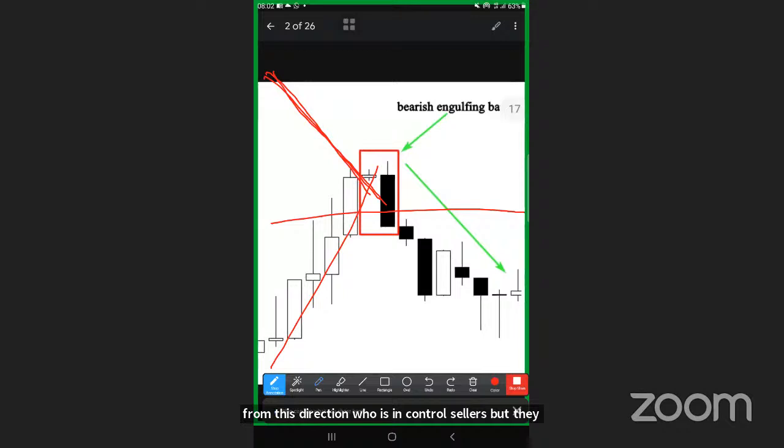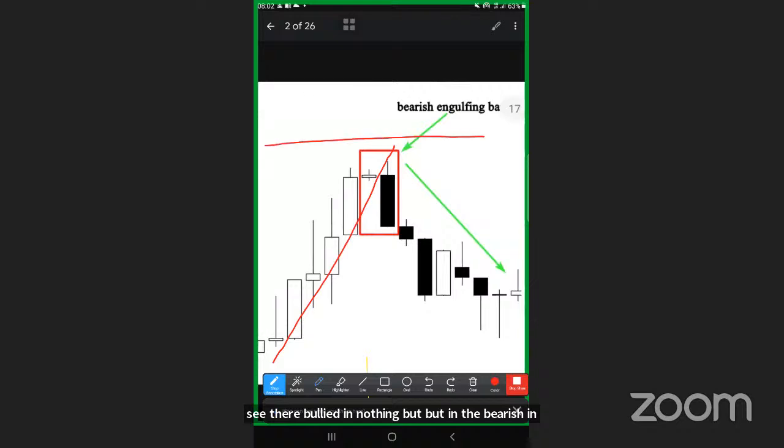Then you see the bullish engulfing bar. But in the bearish engulfing bar, the market has been trending upwards and is now reaching an area of resistance. Then sellers resist the price; they want to put it down. That's why this candle is small: buyers are there, but they are losing momentum.